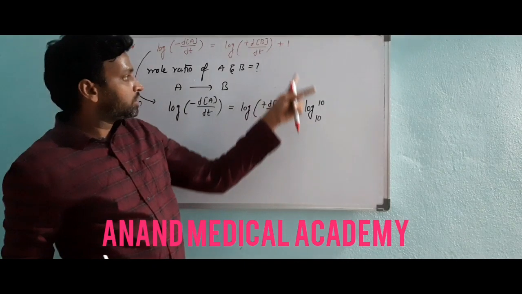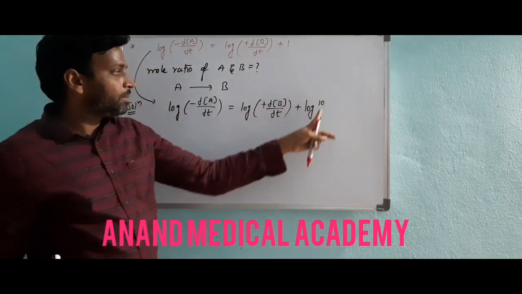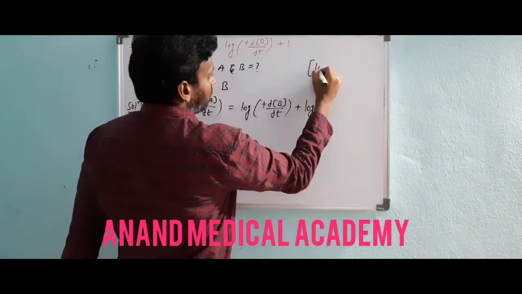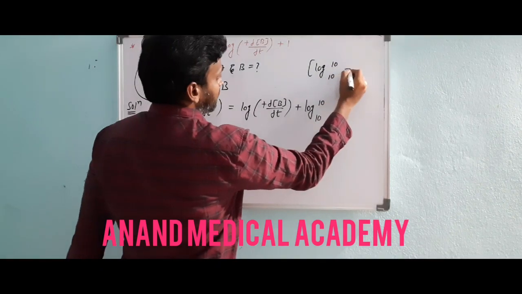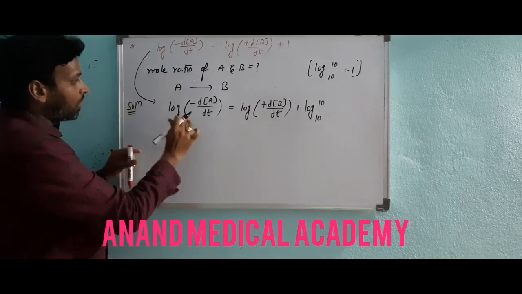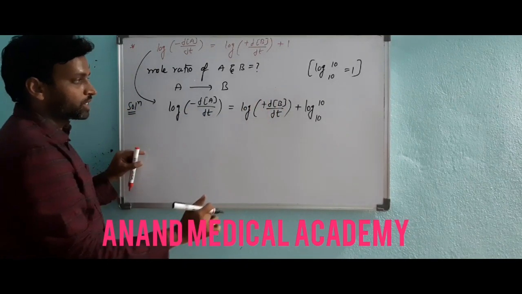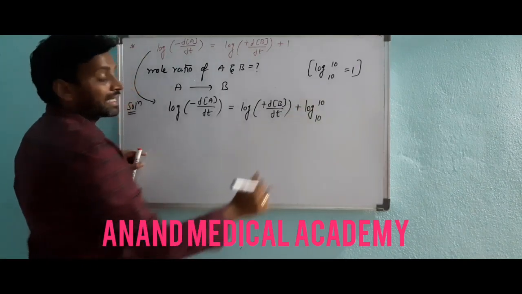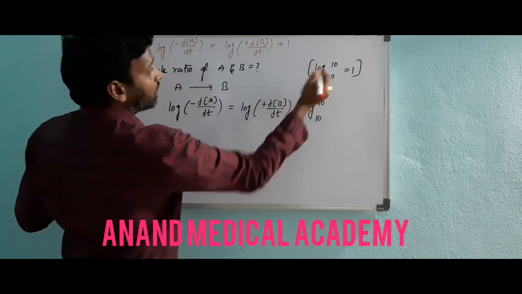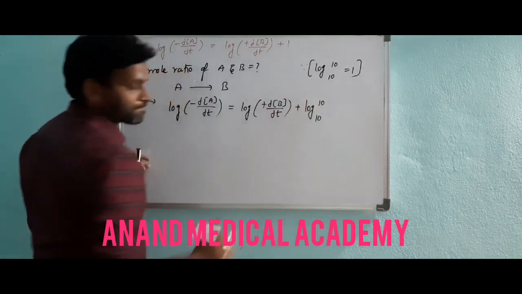That's why I am writing 1 also in terms of logarithm. Getting what I am saying? So log 10 base 10, how much? Since log 10 base 10 is equal to 1, that's why I am writing like this. So log(-d[A]/dt) = log(+d[B]/dt) + log 10. Since log 10 base 10 equals 1, instead of 1 I wrote this.